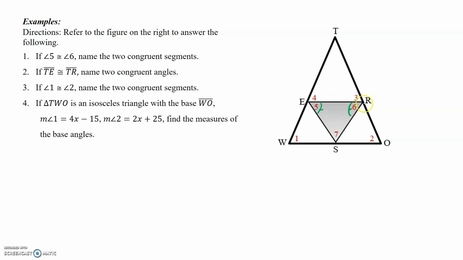So we know that by the isosceles triangle theorem, segment SE is congruent to segment SR. So our answer here will be segment SE is congruent to segment SR.